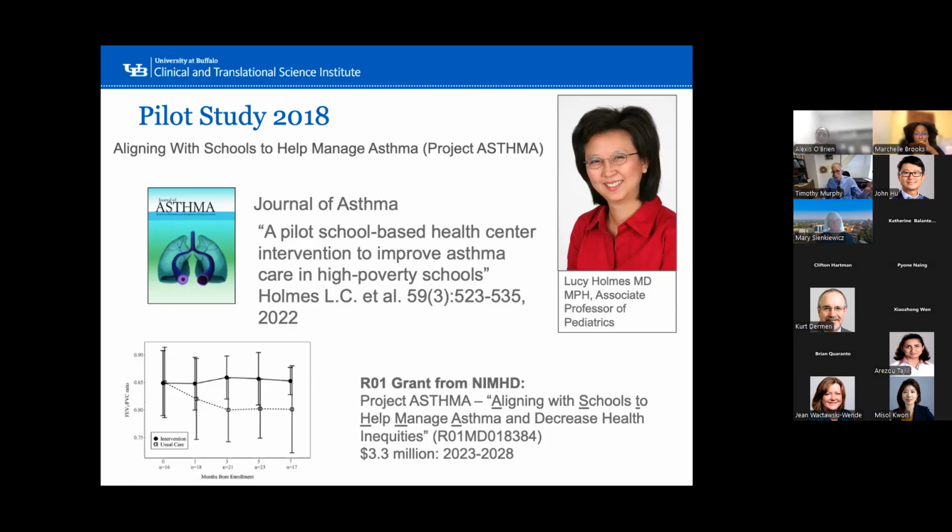And this led to a large R01 grant that was funded in 2023. And she got all 10 of the health-based centers.